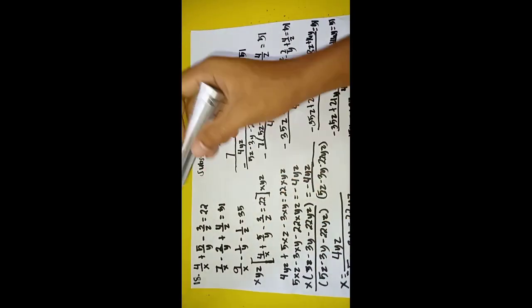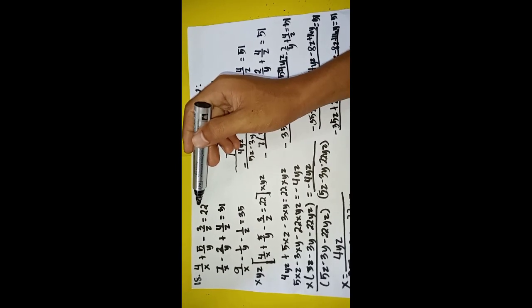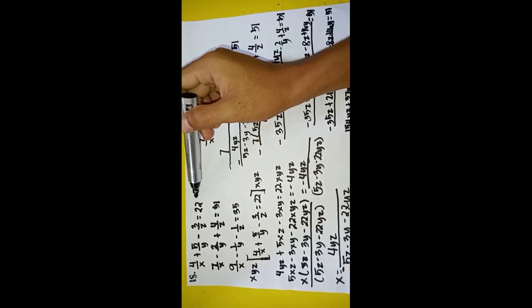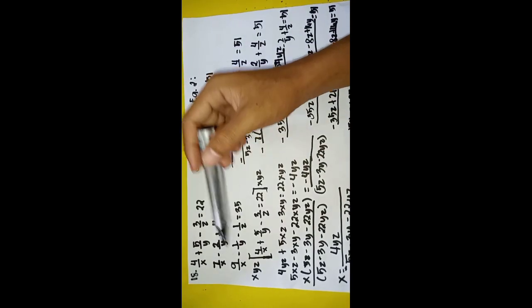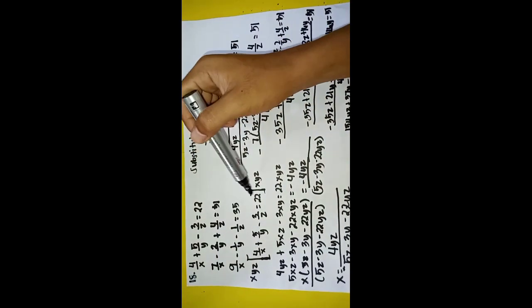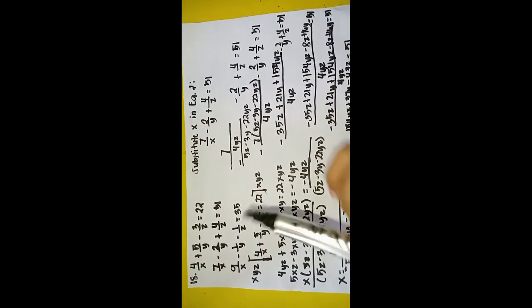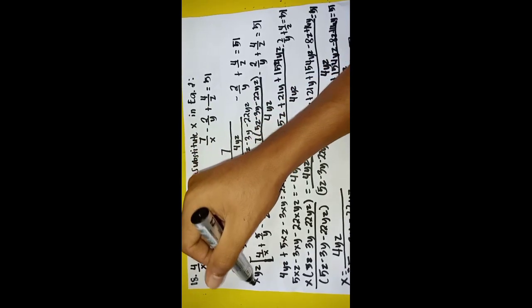So we will first use the first equation. Get the LCD, which is xyz. Then multiply both sides. Cancel xyz times 4/x, cancel x.